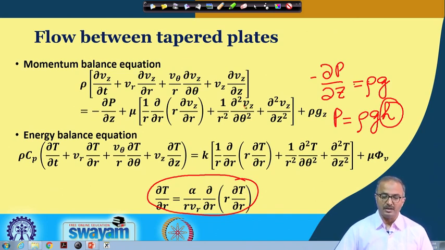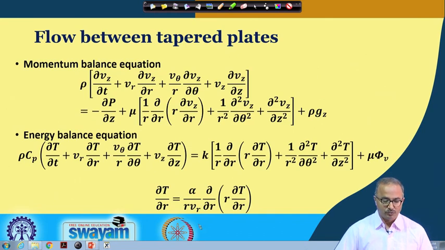So, I will be stopping here, and as you can see, for the given problem we need two temperature boundary conditions. What we can do is take one boundary condition near the inlet and one boundary condition at the outlet, okay, because we are maintaining the temperature constant at the wall.